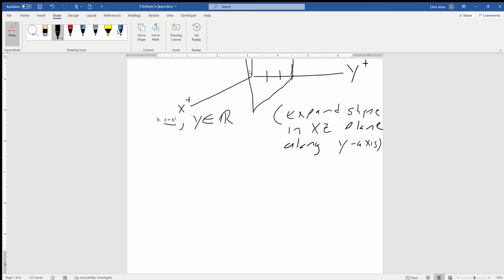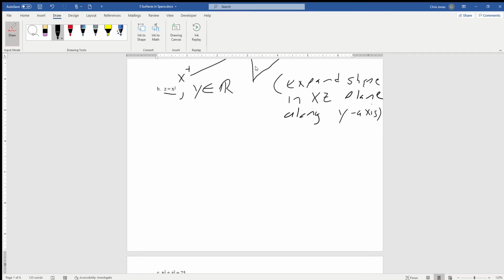Right, so let's go ahead and graph this. If I was to graph it once again, now all we care about really is the x and the z. Now notice that the domain for z has to be greater than or equal to 0. So we're always going to be above the x-axis. Right?